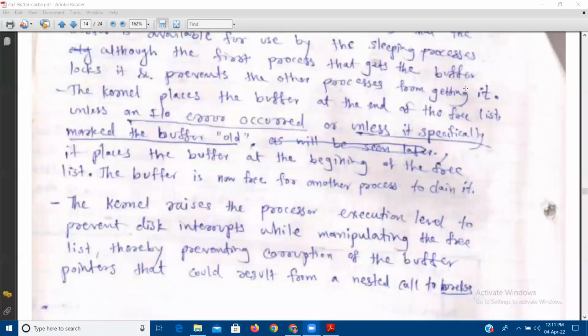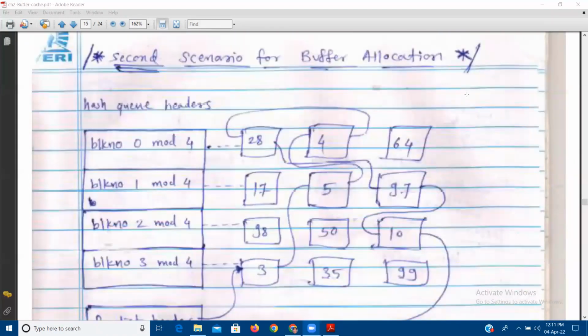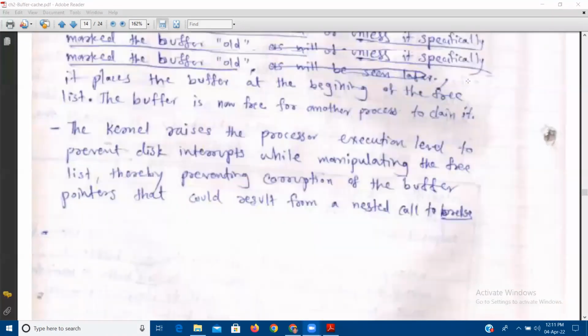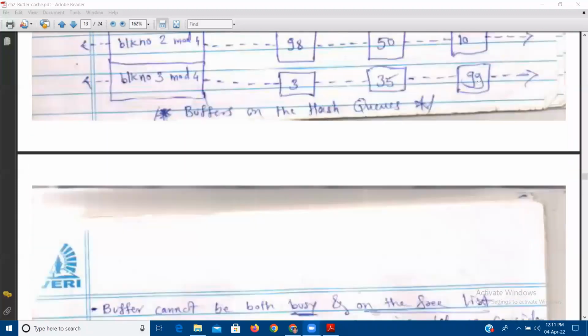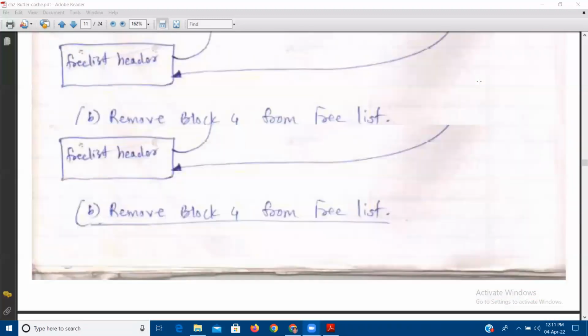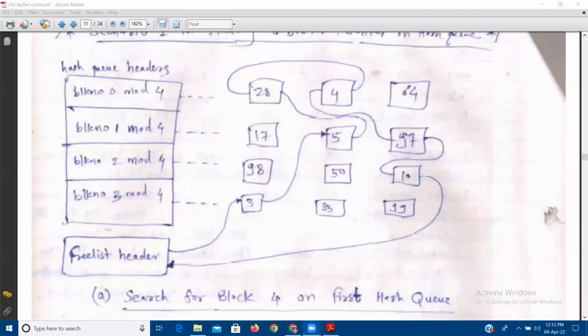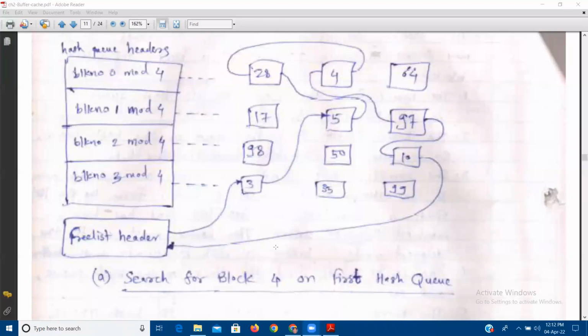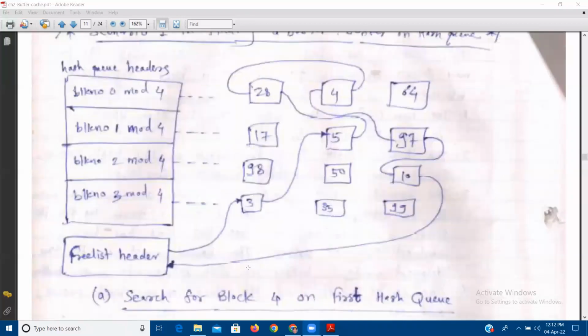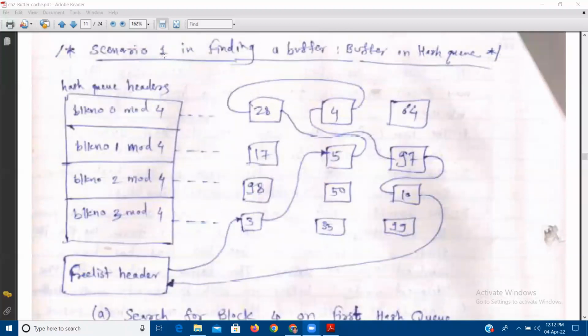Actually, last diagram I will show over here. The pages are getting misplaced. Last diagram in the sense the same diagram which we used in our first scenario. So don't write the scenario number. Only draw this. Don't name this diagram also.